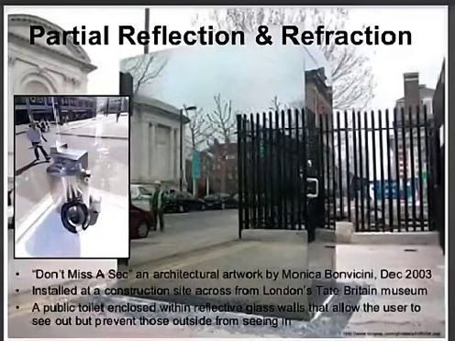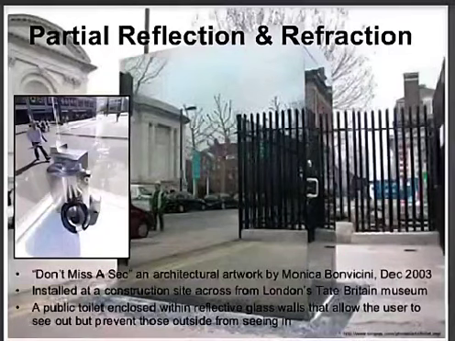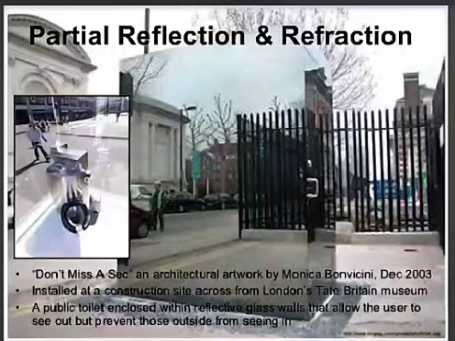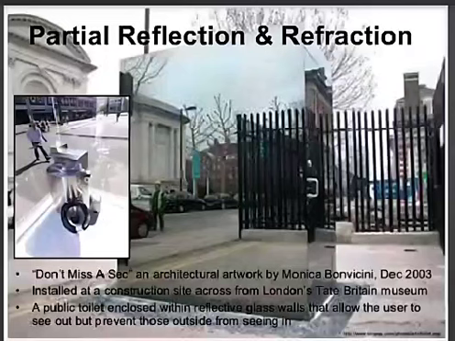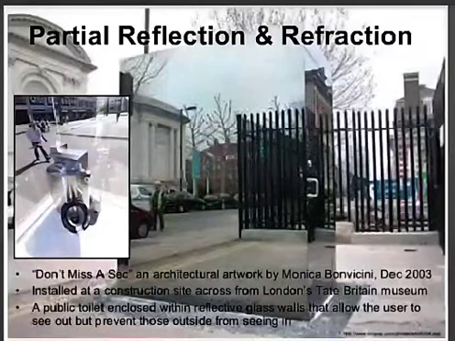On the left hand side you can see one, an architectural work which was done long back, around 15-20 years back. It is called Don't Miss a Second. It is installed at a construction site across London's Tate Britain Museum.